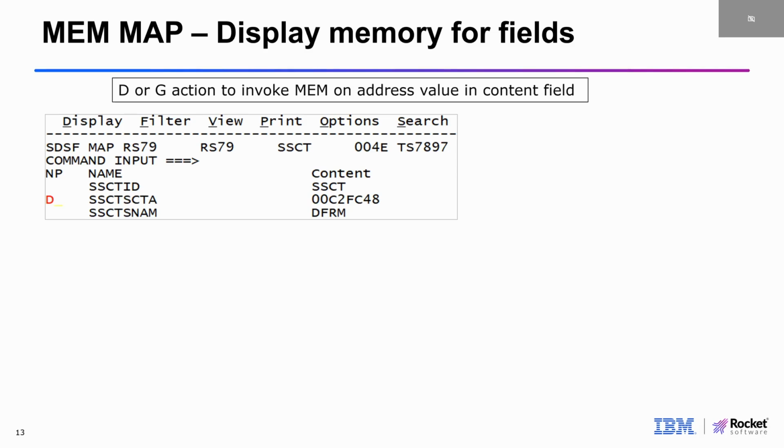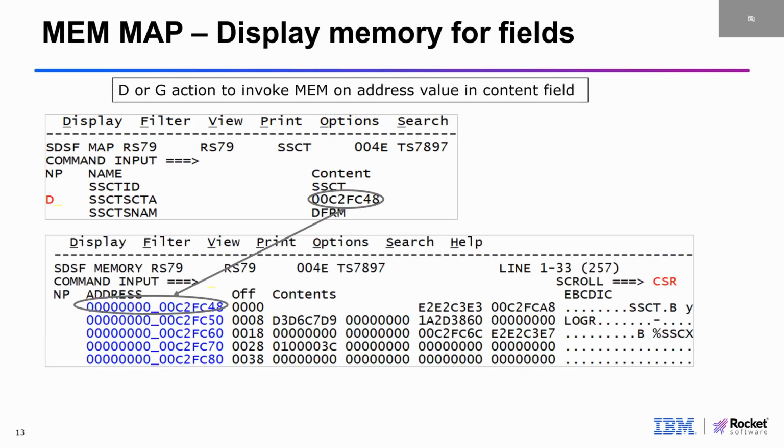Anyway, the guy here has done a D against SSCT, SCTA. What that's going to do is take that address and take you into a raw memory browse of that address. So it's going from the structure format into your raw memory form. Okay, you can continue that way.